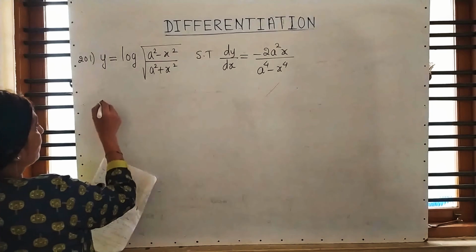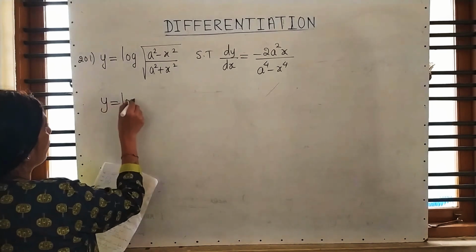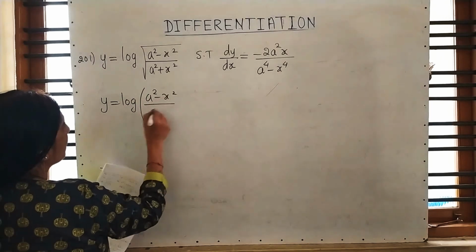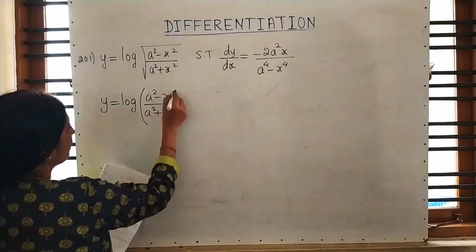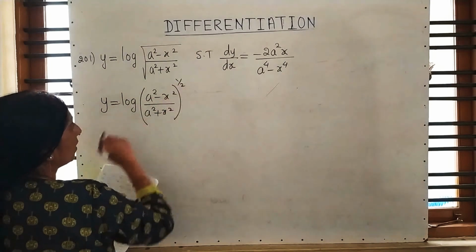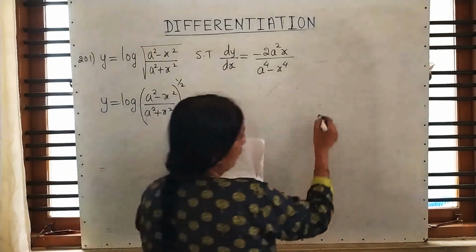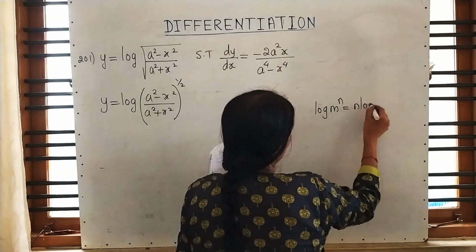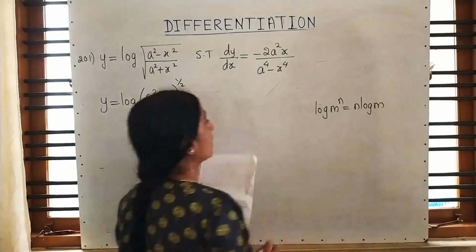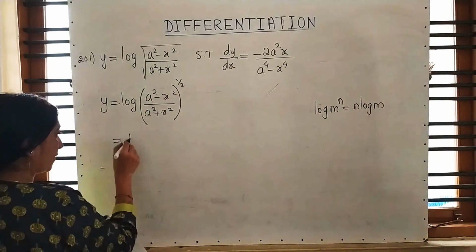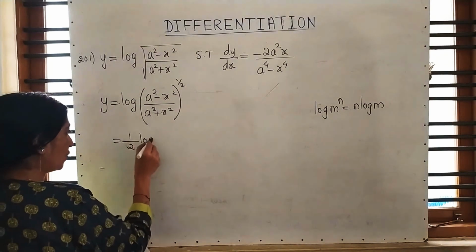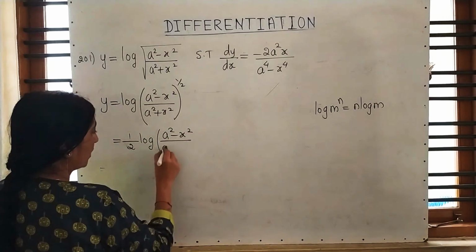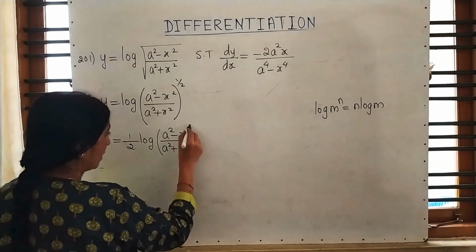If you are familiar with the properties of log, see, before differentiation I am writing this in the simplest form. Root I am writing as a half, raised to half. And we are familiar with the property log m raised to n is n into log m. That power comes first. 1 by 2 log of a square minus x square upon a square plus x square.